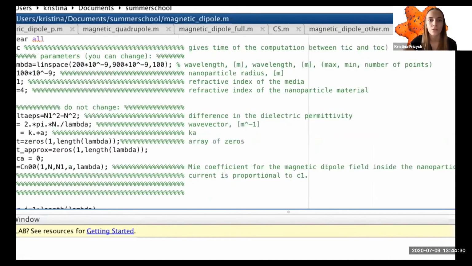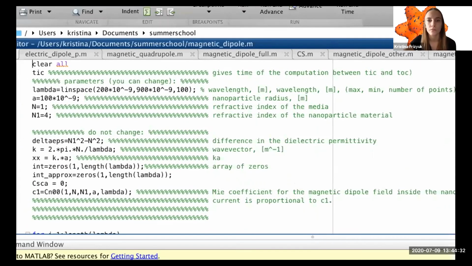Wait a minute. Have you run the function magnetic dipole?